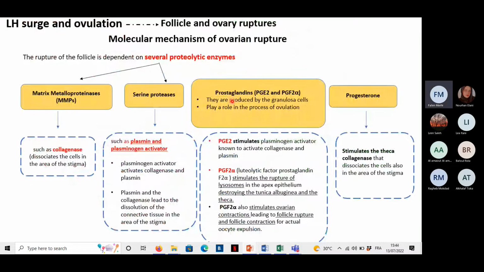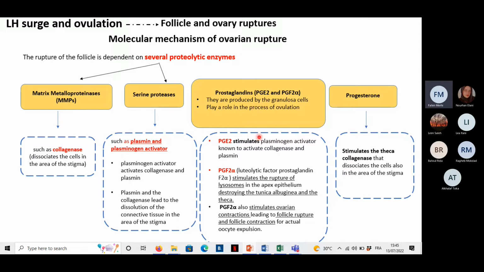Also, we said that we have production of prostaglandins by the granulosa cells under the action of LH, and those prostaglandins are the PGE2 and the PGF2 alpha. And they have an important role in the process of ovulation.